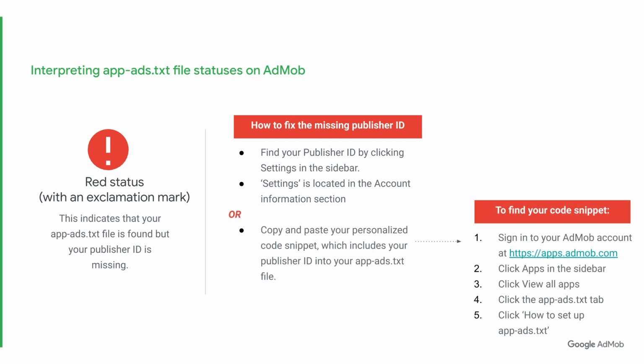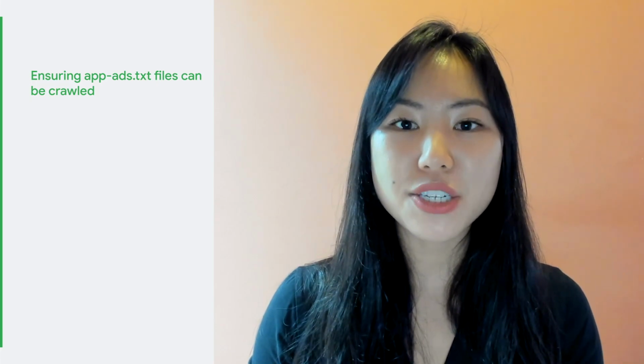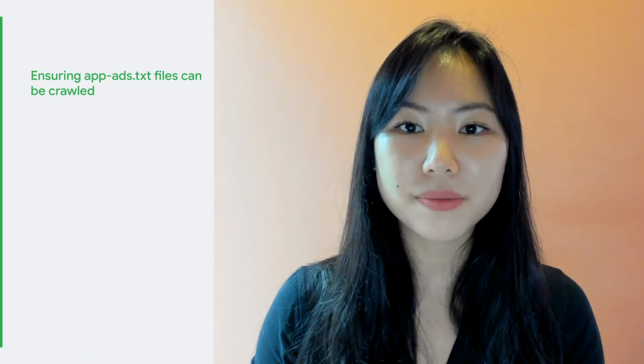You can also copy and paste your personalized code snippet, which includes your publisher ID from AdMob, into your apex.txt file. If you have trouble finding your code snippet, follow the steps mentioned in the first video under How can publishers implement apex.txt?